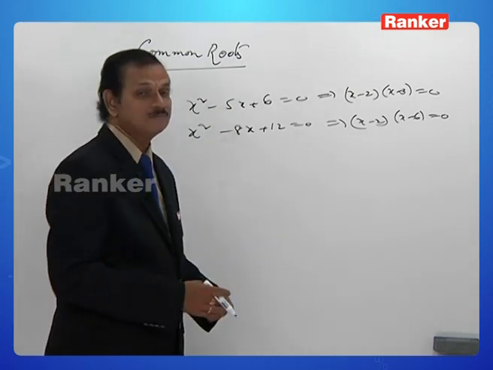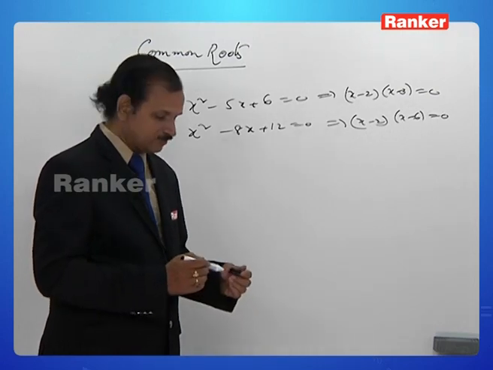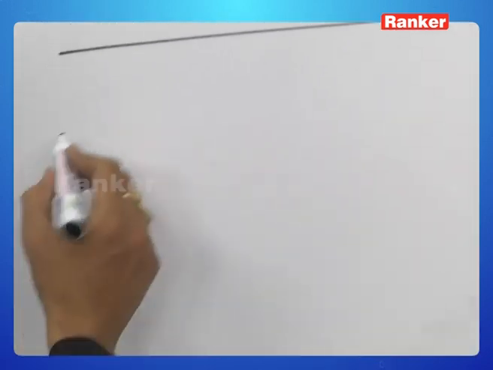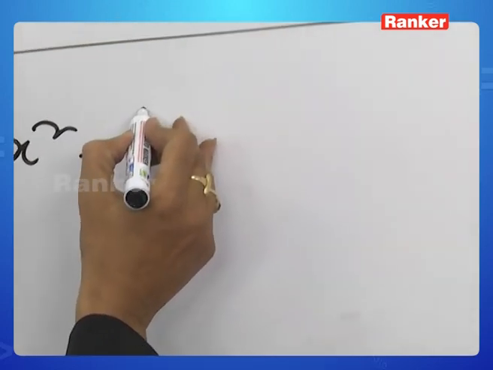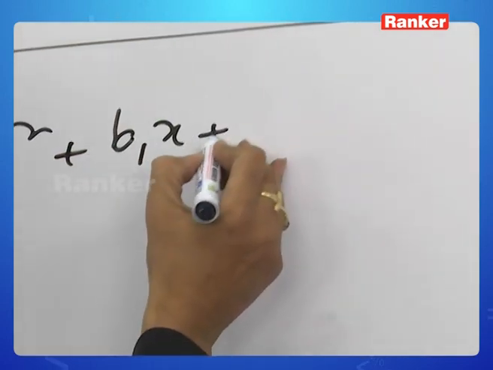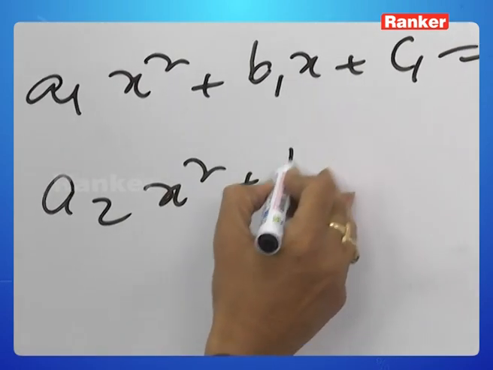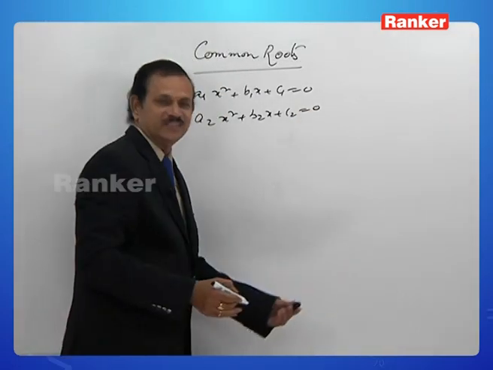If they are not known, we must have a mechanism. We must know a formula. What is that formula? How can we derive that? Let us observe. Let the two equations a1x square plus b1x plus c1 is equal to 0 and a2x square plus b2x plus c2 is equal to 0 be the two equations.